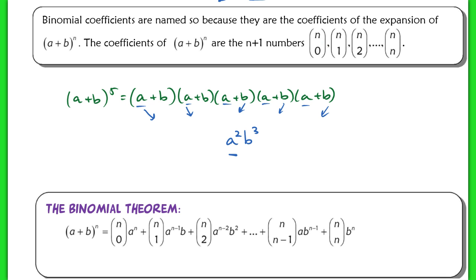Well, even though I might choose them in a different order, like say I chose this a, and then I skipped and I picked the b here instead, and then I chose this a, and then this b and this b. Well, that's a different order that I chose, but still results in the same exact expression of a squared b cubed, right? Well, I would have 5 choose 3 options here.